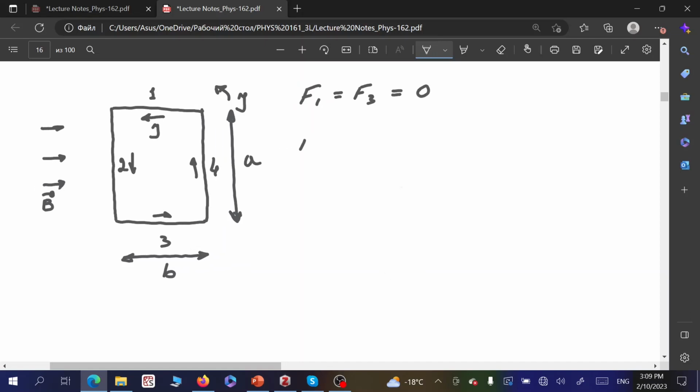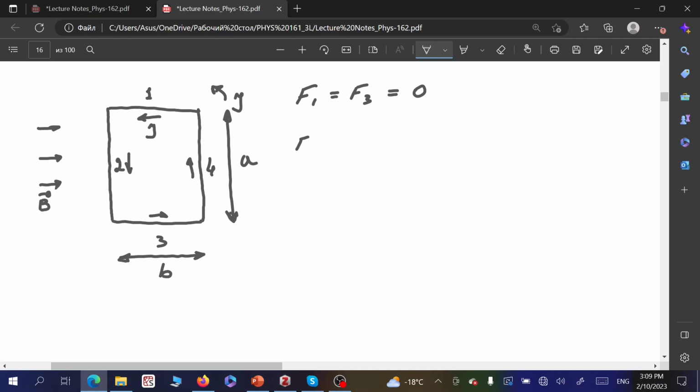Then we have F2 is equal to F4, and the magnitude of this magnetic force will be the electric current magnitude in the loop times a times B. Sorry, not this b, capital B. a times capital B. So we consider the length of segments 2 and 4, that is a, and the magnitude of the magnetic field vector B.